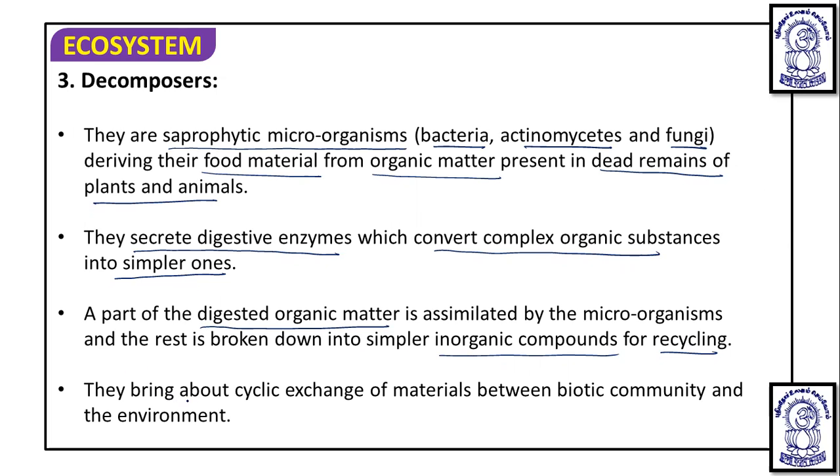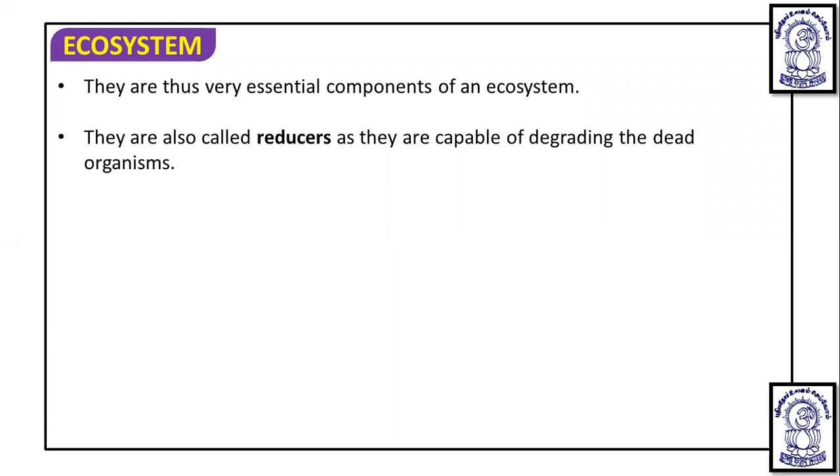So this recycling brings about the cycling exchange of material between the biotic component and the environment. If nitrogen is released, it is used by the biotic component, and ultimately it is released again into the environment.